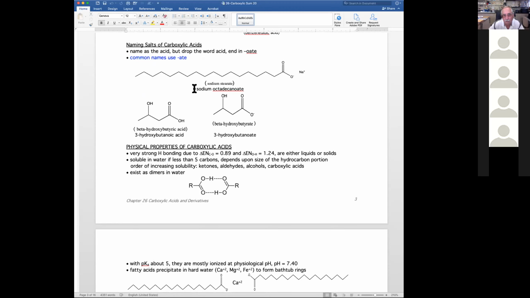And you get sodium octadecanoate. So octadecanoic acid became octadecanoate. Common name, stearic acid becomes stearate. Okay. So this one becomes 3-hydroxybutanoic acid and then 3-hydroxybutanoate.